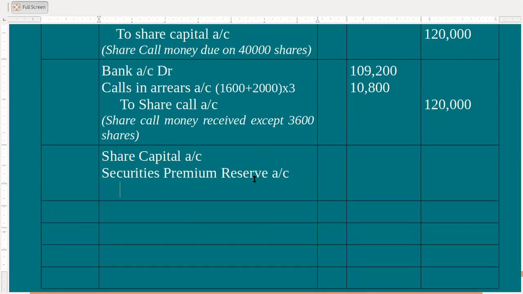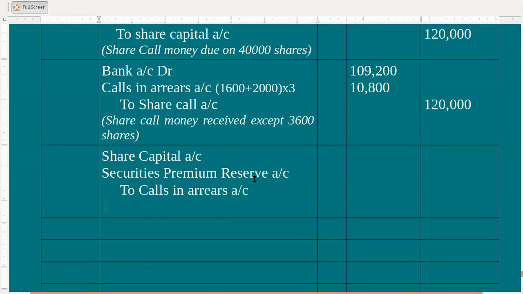Okay, to calls in arrears, to forfeiture account.